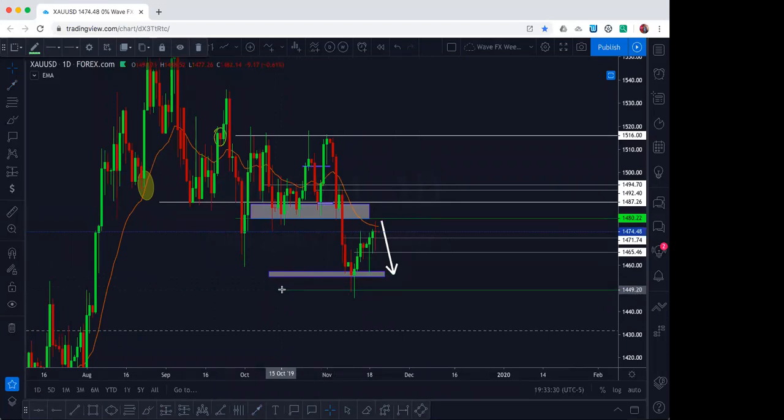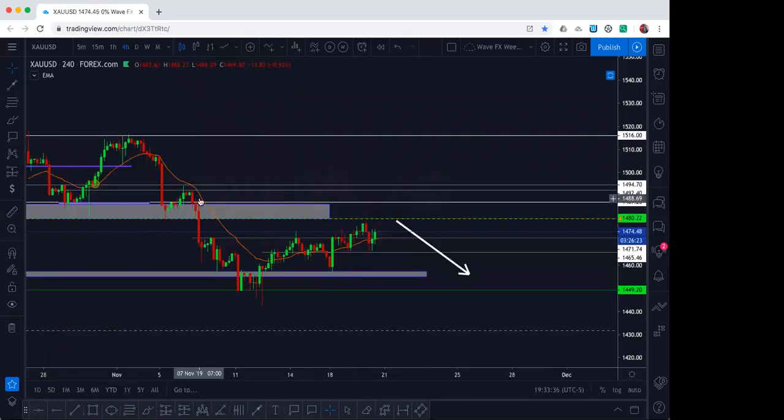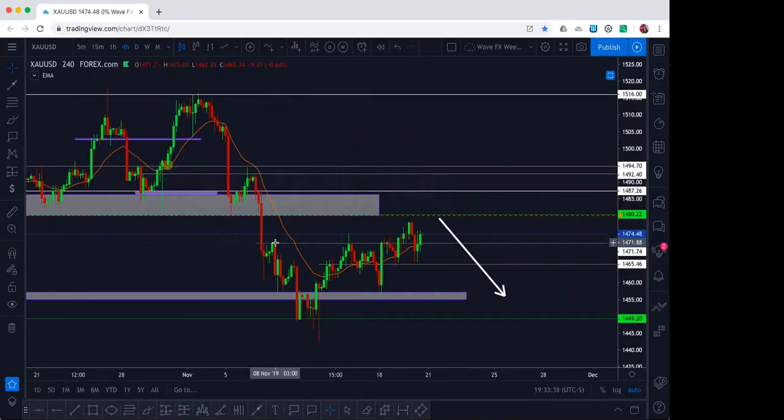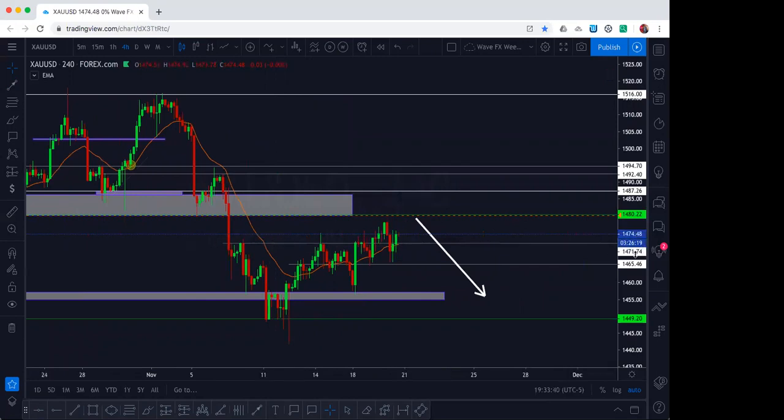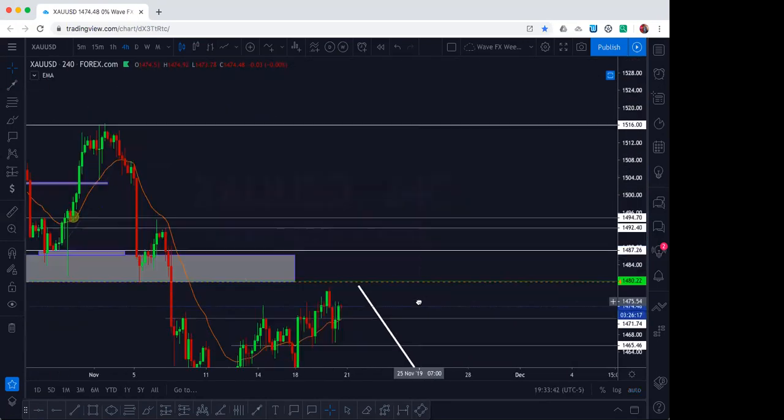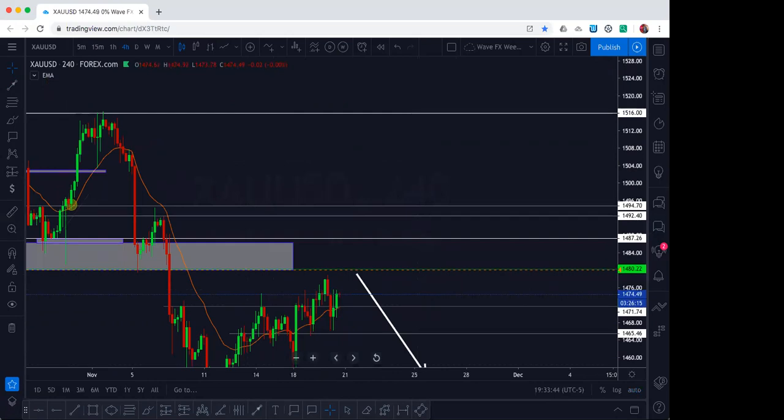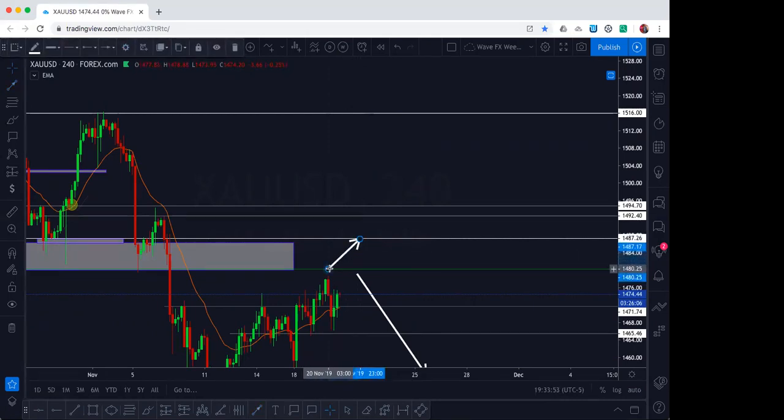Right, just to simply talk about this overall low here. If the market continues to push to the upside, which is highly unlikely based on the strength that we're expecting out of the dollar, but if we should get a close above 1480, look no further than this zone here, 1487, 1490, right?